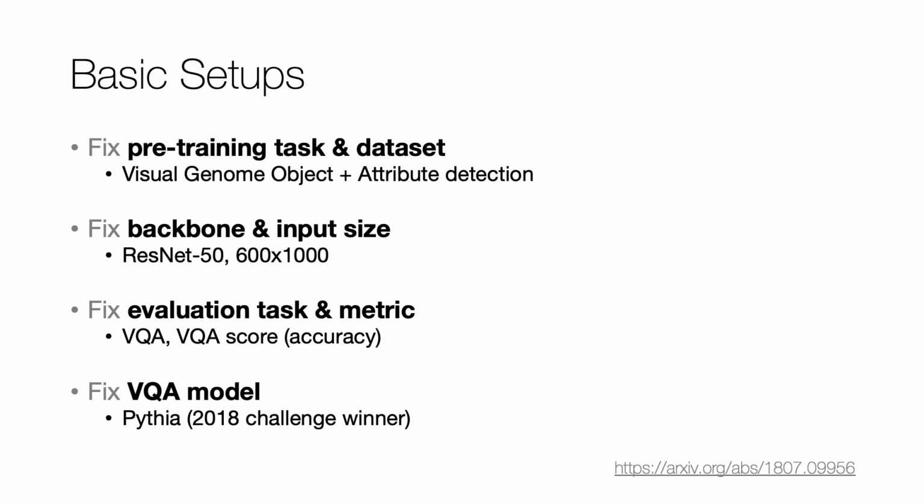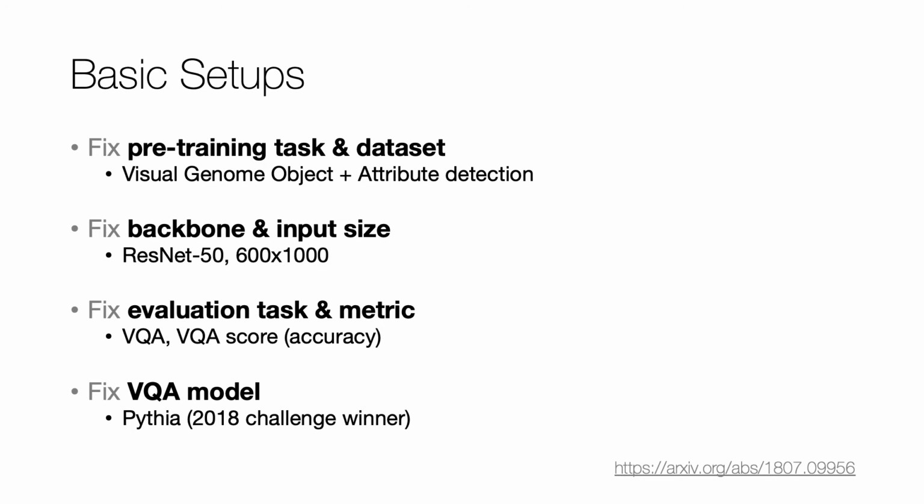Here is a list of our basic fixed setups for the controlled study. Specifically, we fix pre-training task and dataset to be visual genome object detection plus attribute classification. We fix a backbone and input size to be ResNet-50 and 600 by 1000, which are pretty standard for analyzing object detectors.